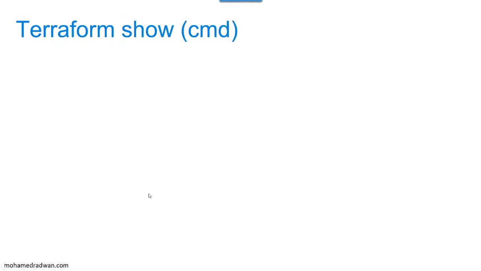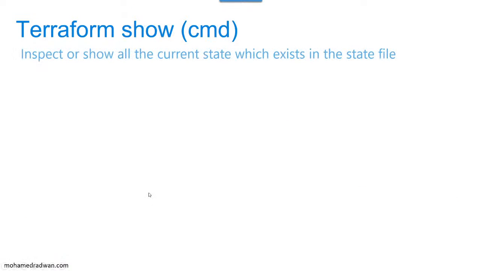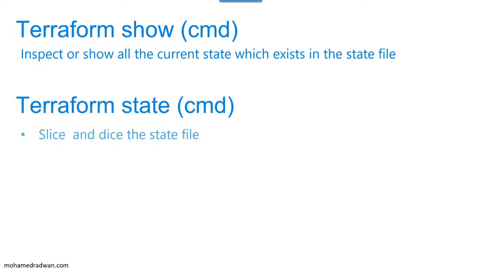Okay, Terraform show. We saw how Terraform show can display the state, and we also see the terraform state command, which has many switches. Terraform state is usually a command that can help me slice and dice the information.